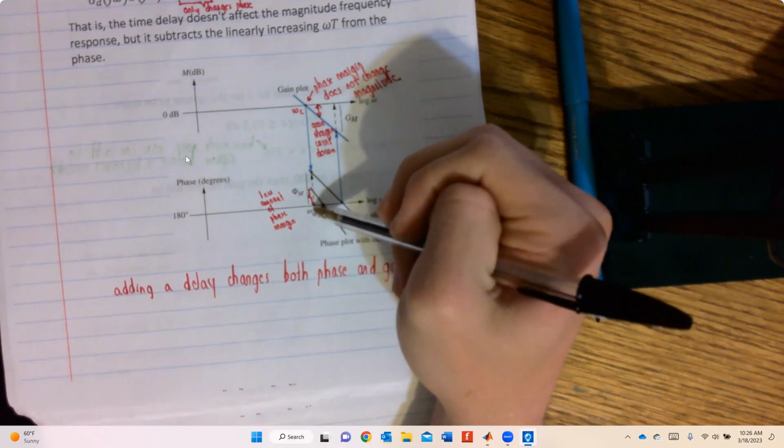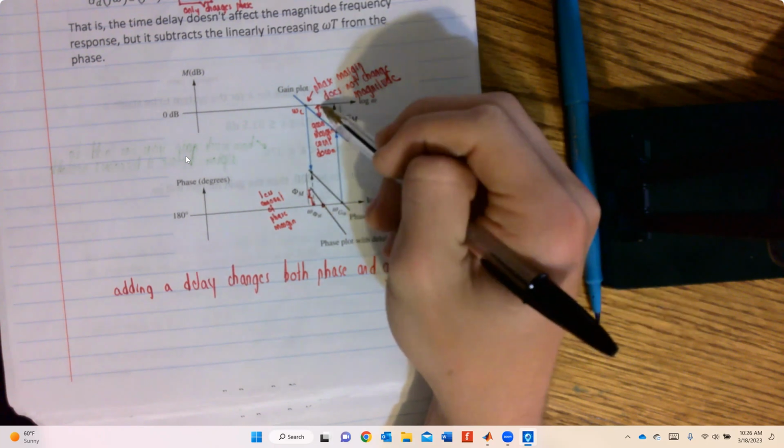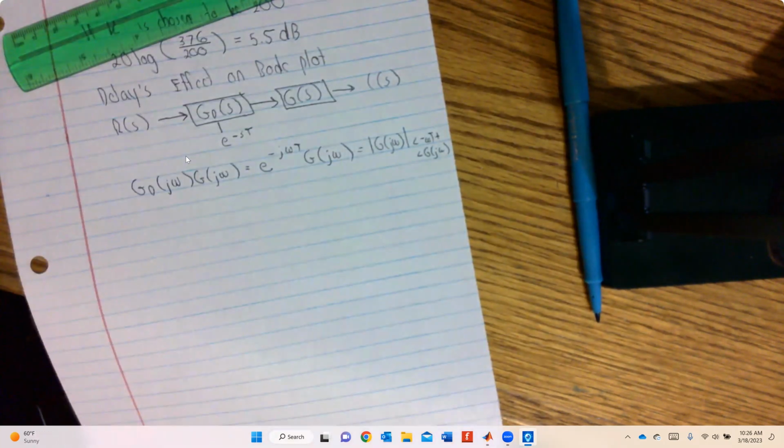And if it's decreasing, it's going to intercept negative 180 at a faster point, so your gain margin is going to be less than it originally was over here. So it's going to decrease both your phase and gain margin when you have a delay. The big thing is that the delay hurts your system in the sense that it's going to shrink your gain and phase margin, and it's just going to make things worse overall. That's what you need to know.